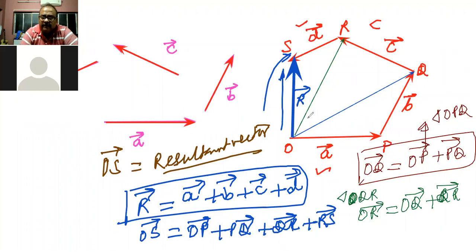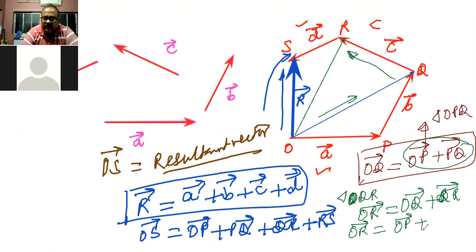So I can obviously say that this OR vector is equal to OQ vector plus QR vector using the triangle law. Now what can I say over here? This OR vector therefore can be said, because instead of OQ I can put this, so this is equal to OP vector plus PQ vector plus QR vector. So this is your OR vector, right?